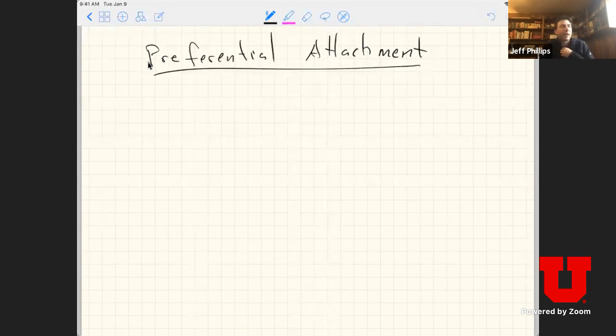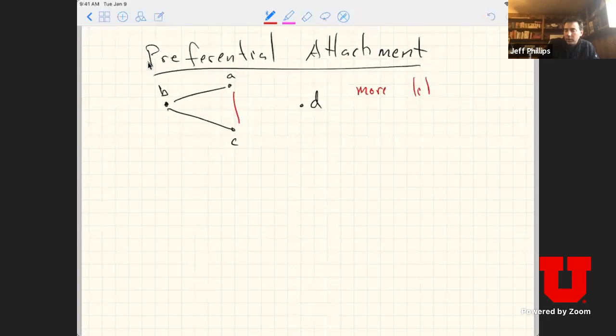Basically, if A is connected to B and C is connected to B, and if there's D over here, then I'm more likely to form edge AC than AD.